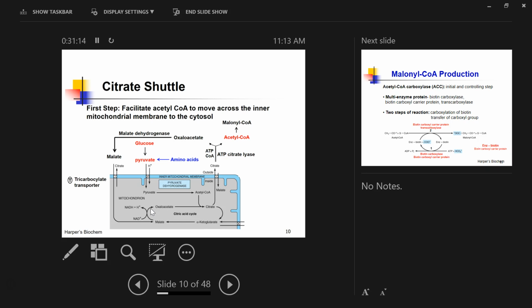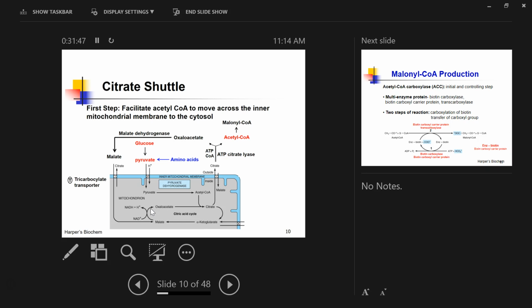And oxaloacetate can be recycled, right, and go back to the mitochondria, to the TCA cycle. And this is the enzyme that breaks down citrate in the cytosol. It's ATP citrate lyase, right? ATP citrate lyase is the enzyme that breaks down citrate back to acetyl-CoA. So acetyl-CoA eventually enters the lipogenesis pathway, right?